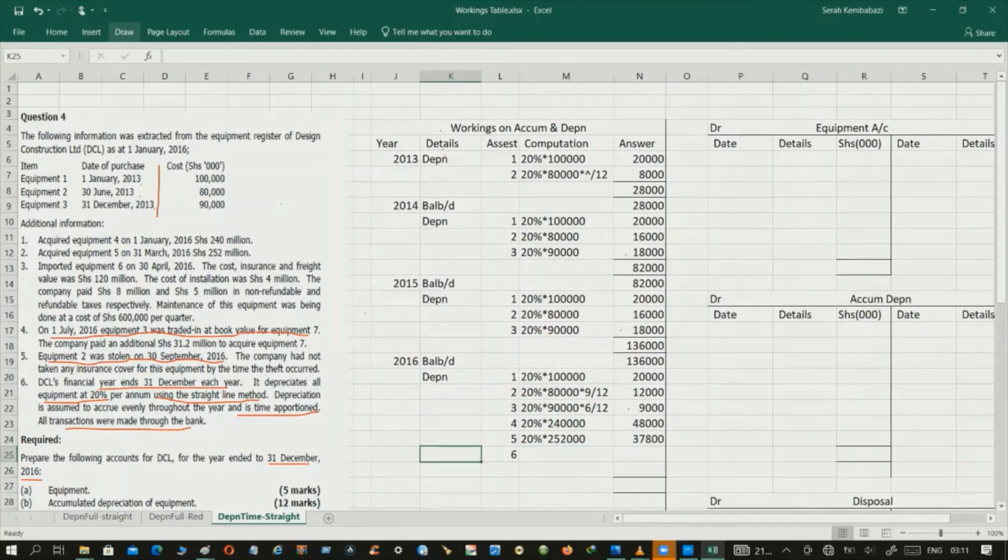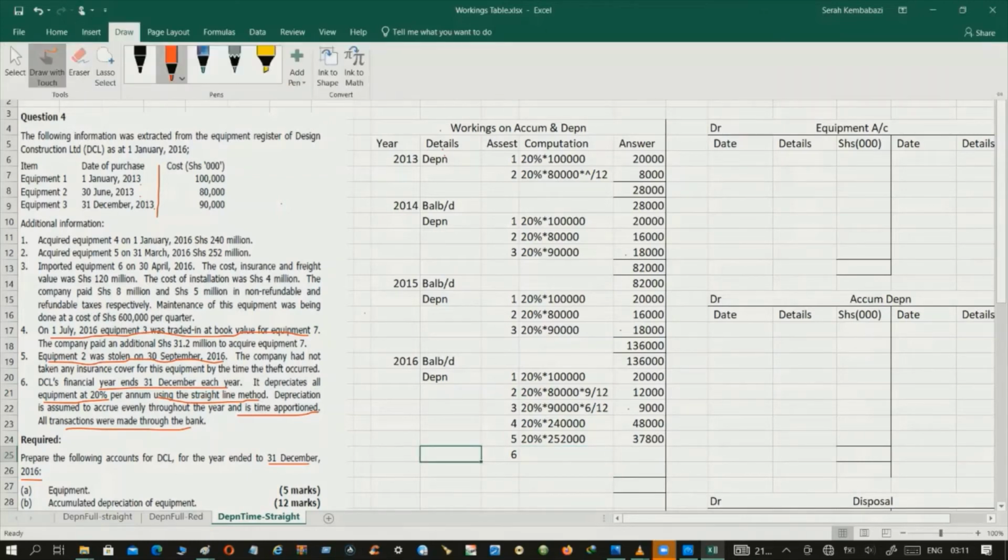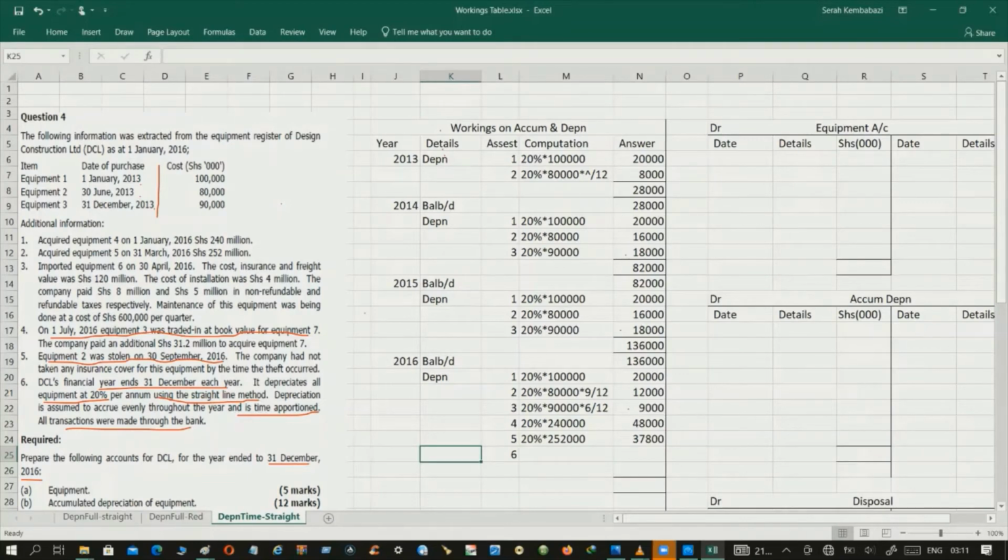Then equipment 6. For equipment 6, we are told that we imported an equipment. The freight was 120,000. Cost of installation was 4,000 that we have to add on. And we are told the company paid 8,000 and 5,000 for non-refundable and refundable taxes respectively.